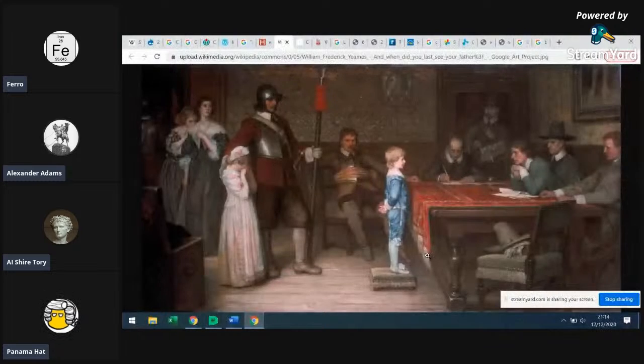See what I mean? I think this is also held up as an example of a narrative 19th century painting. It's not only sympathetic to the Royalist cause, but also admiring of the stoicism and the filial piety of the son, who is resisting the interrogation of the parliamentarian. I think the story is that he's refusing to tell when he last saw his Royalist father. So it's a symbol of his resistance to oppression.